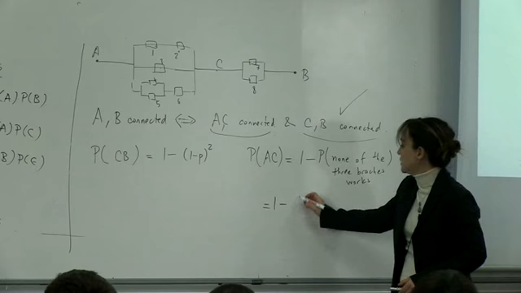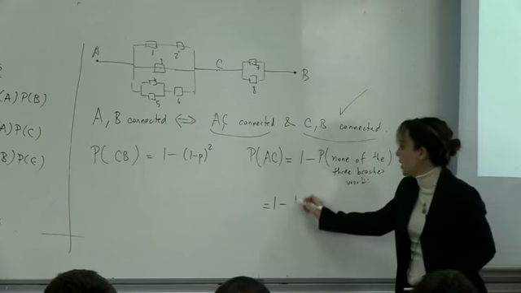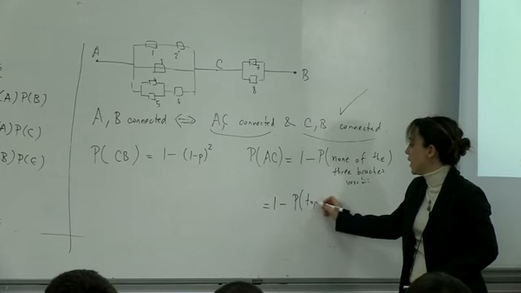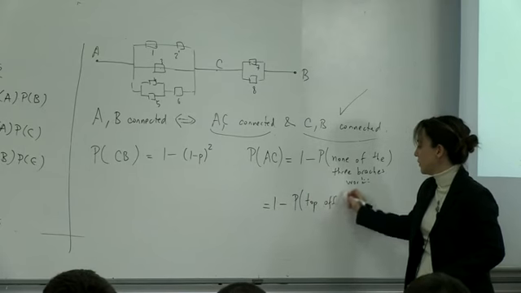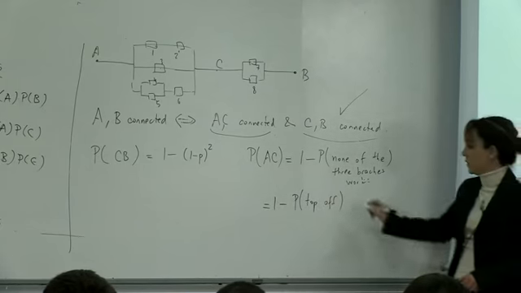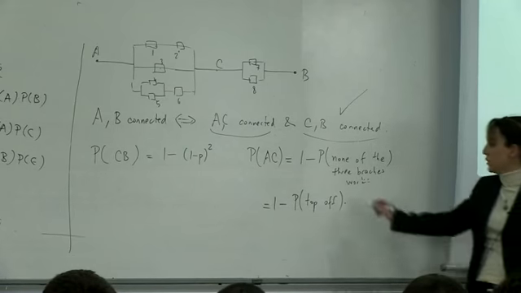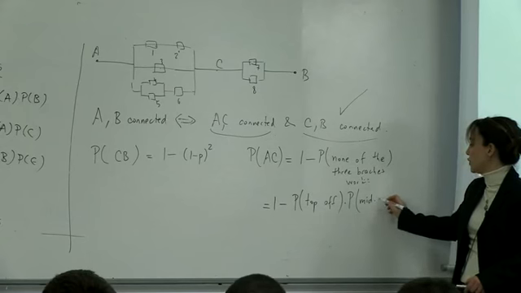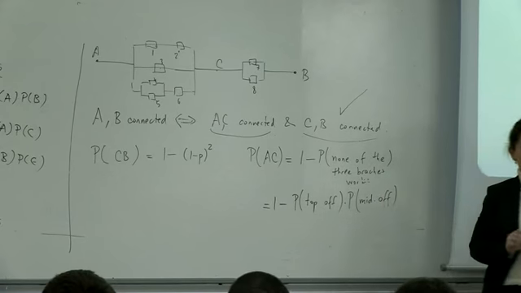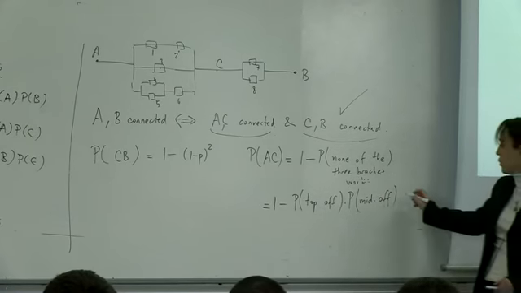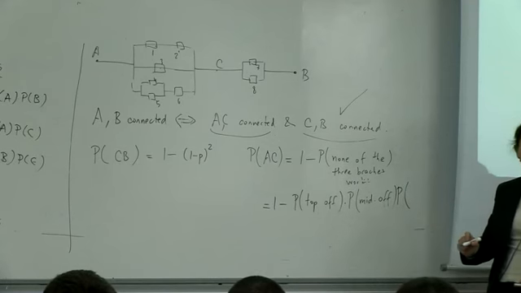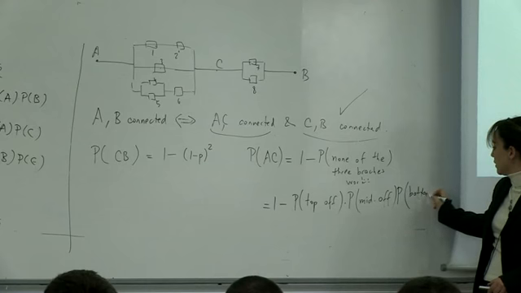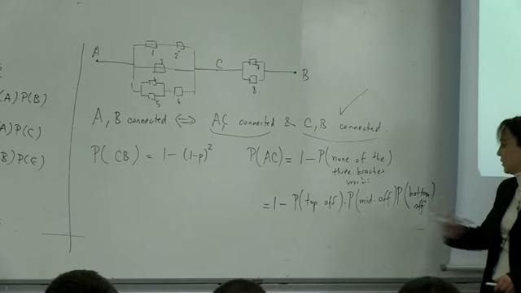So this probability is the product of the probability that the top branch is off, times the probability that the middle branch is off, times the probability that the bottom branch is off.